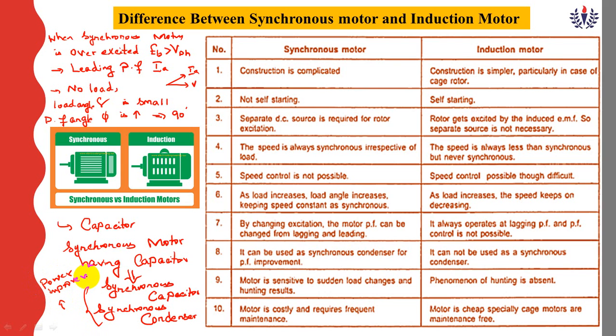To improve the power factor, they use this condenser in substations. Any doubts? The last point: the synchronous motor is very costly and requires frequent maintenance. But the induction motor is very cheap, and maintenance is almost free.